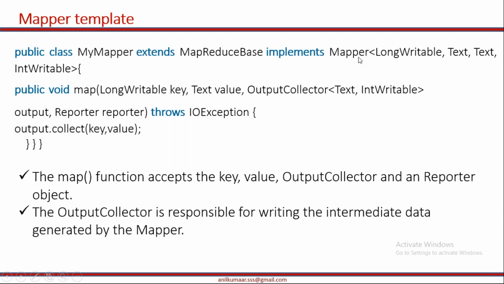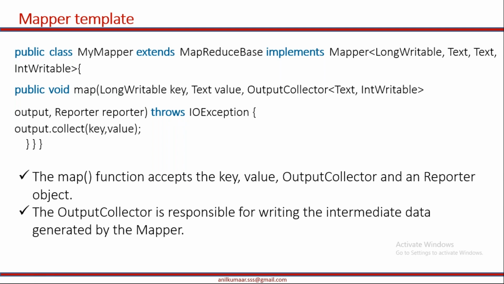That's fine. And this is about my map function. The map function has key, value, the output collector and the reporter. So this also takes four things: key, value, output collector and reporter. So what is this output collector for? Because your mappers are generating the intermediary map data, right?